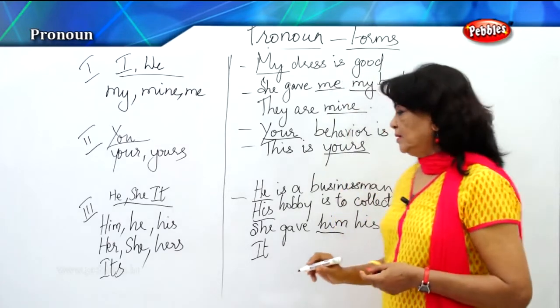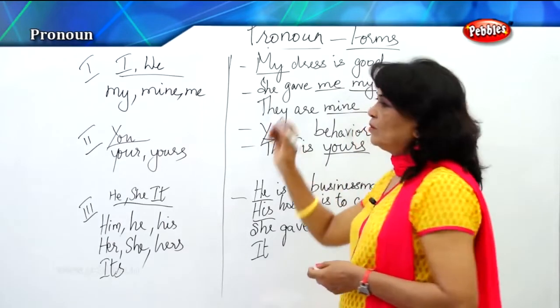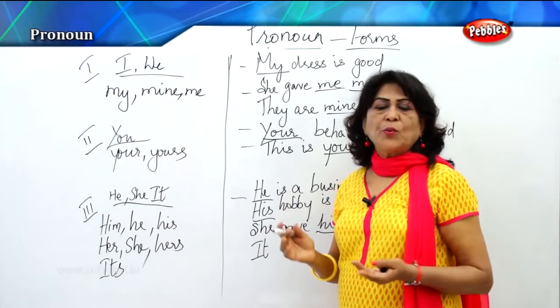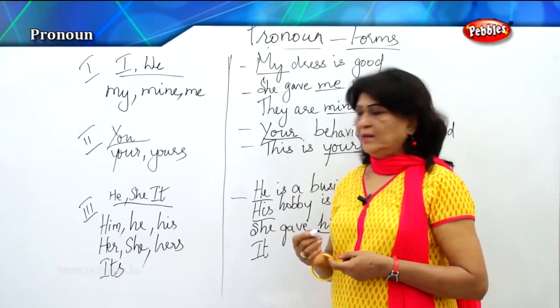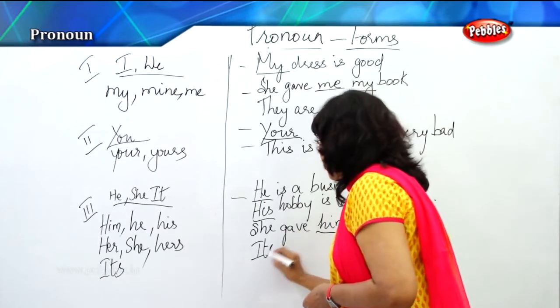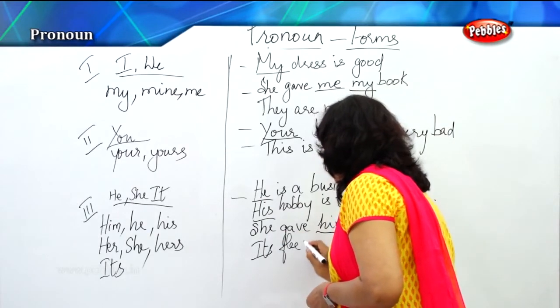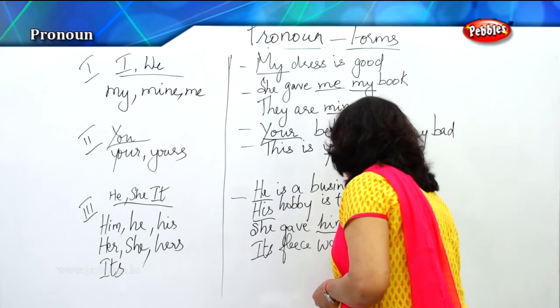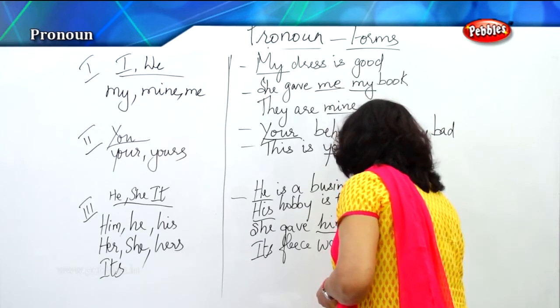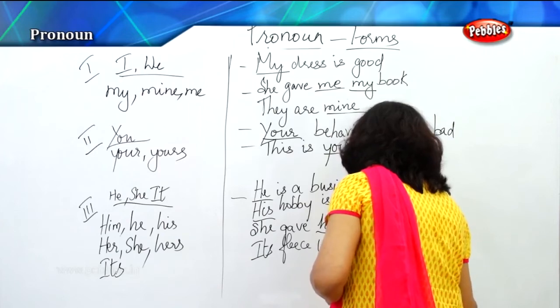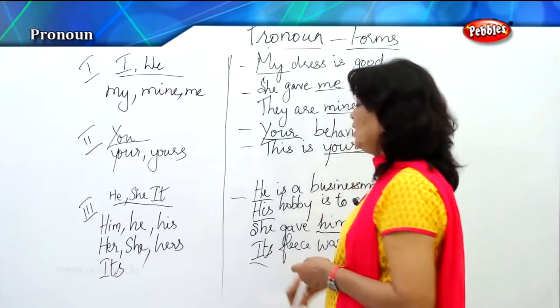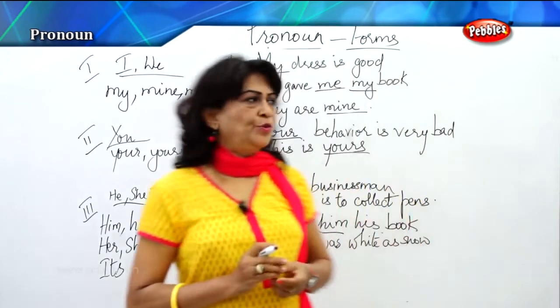I told you, its fleece was white as snow. Its fleece. "அதனுடைய." Its fleece was white as snow.